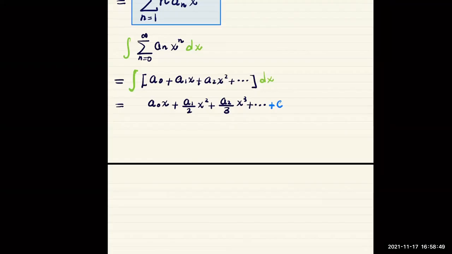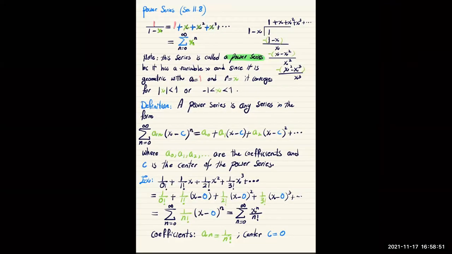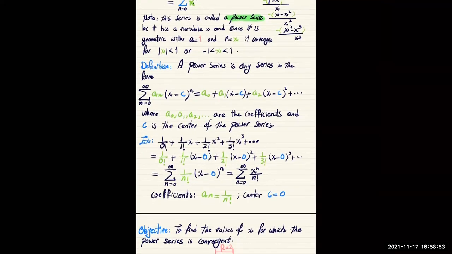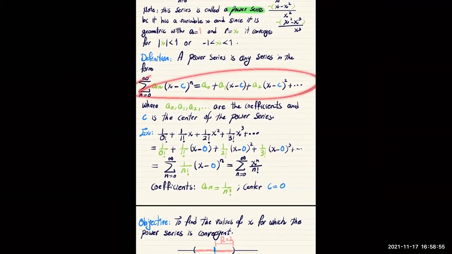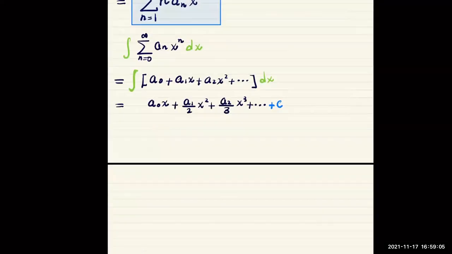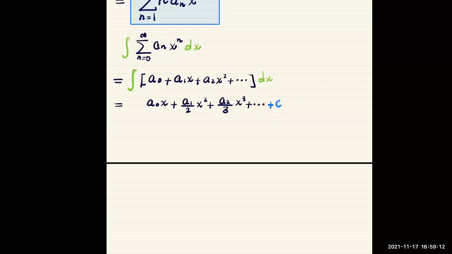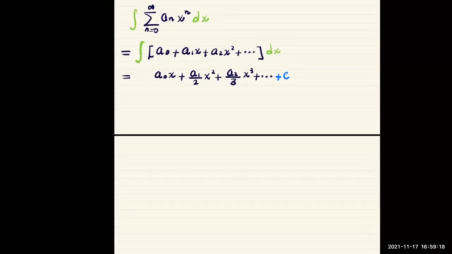Going back to the definition, here's the general form of a power series. This a0 is the constant of the power series. So when you integrate, you no longer have a constant here, but I have to add the constant of integration, and that becomes the constant of the power series.